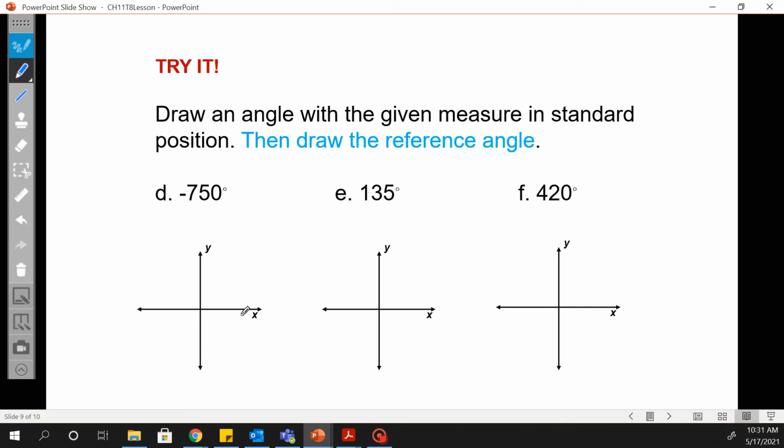So we're going to go around twice and then keep going about 30 degrees more. One full rotation is 360, 2 full rotations is 720, and then to get to 750, we need to keep going another 30 degrees. So it'd be right here, this would be negative 750.